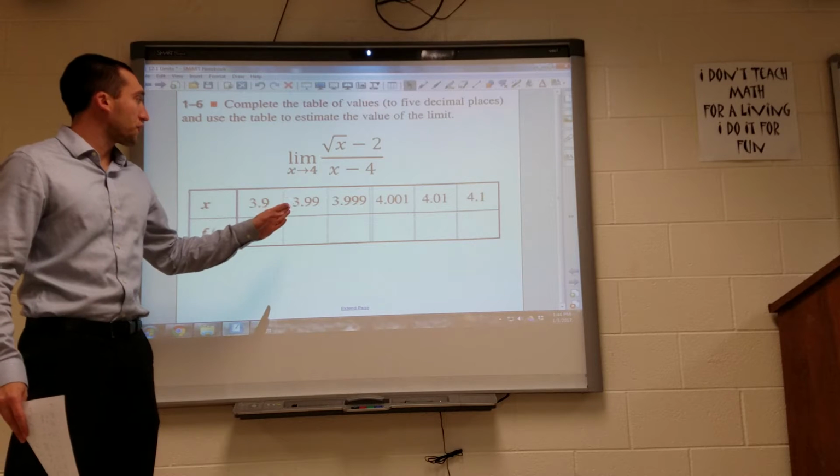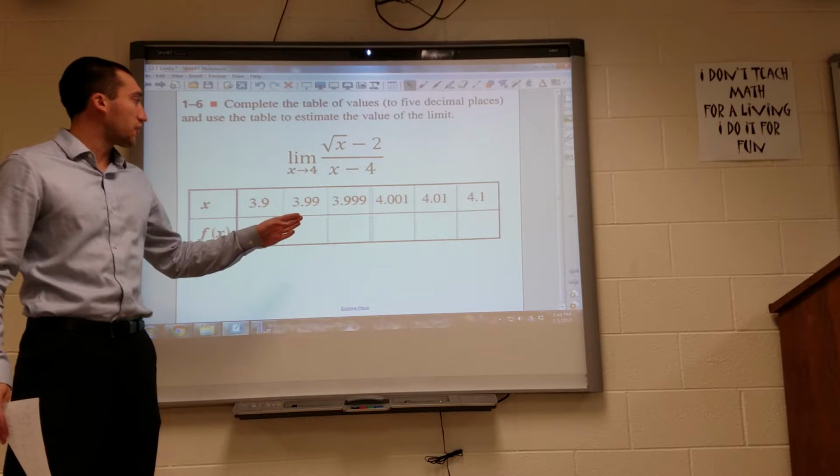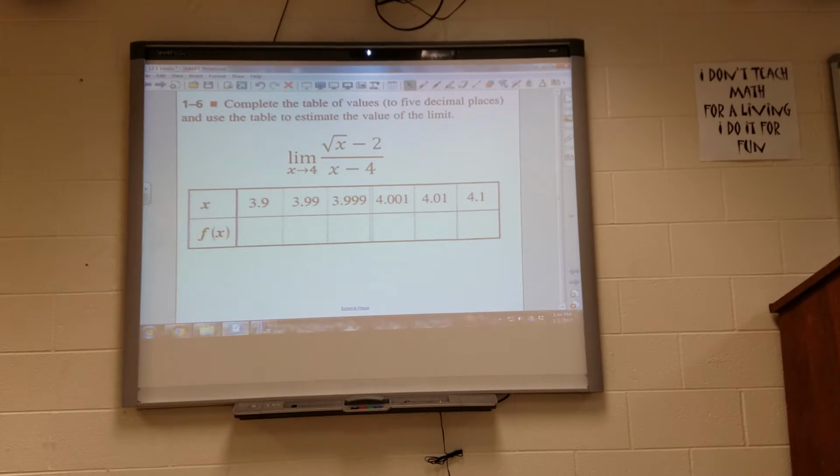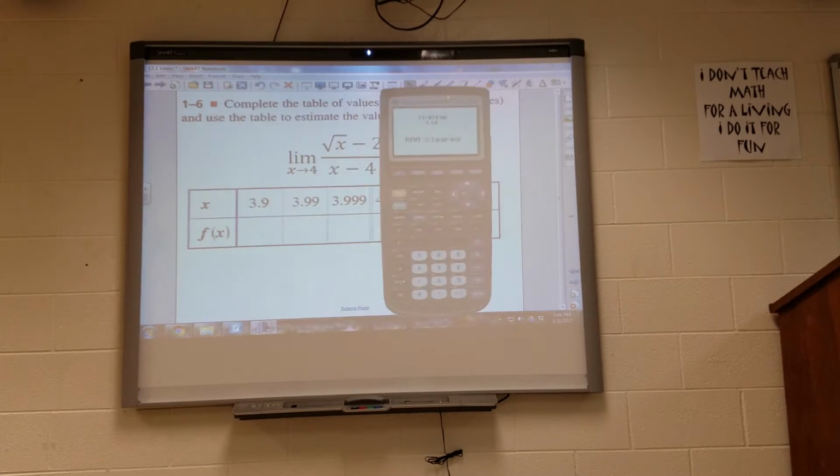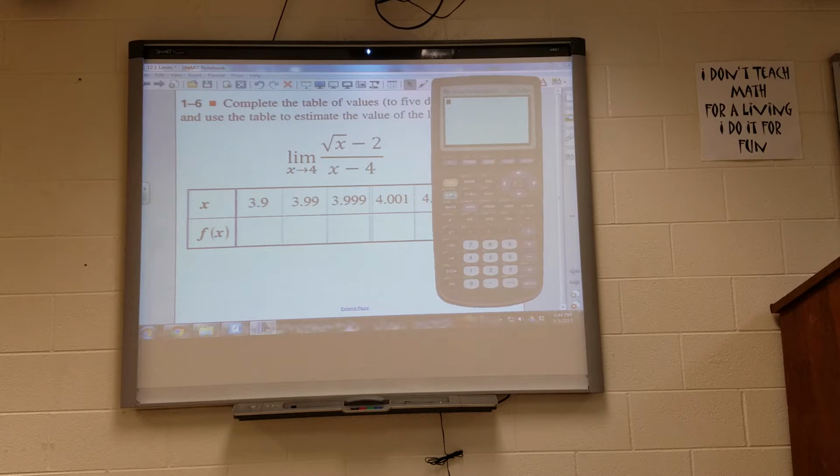So I'm going to go ahead and show you a couple values on the calculator, and then I'll fill in the rest of the chart so you can see what's happening. So first, let's do the square root of 3.9, and I like to fill it in with zeros because I know I'm going to use more places.